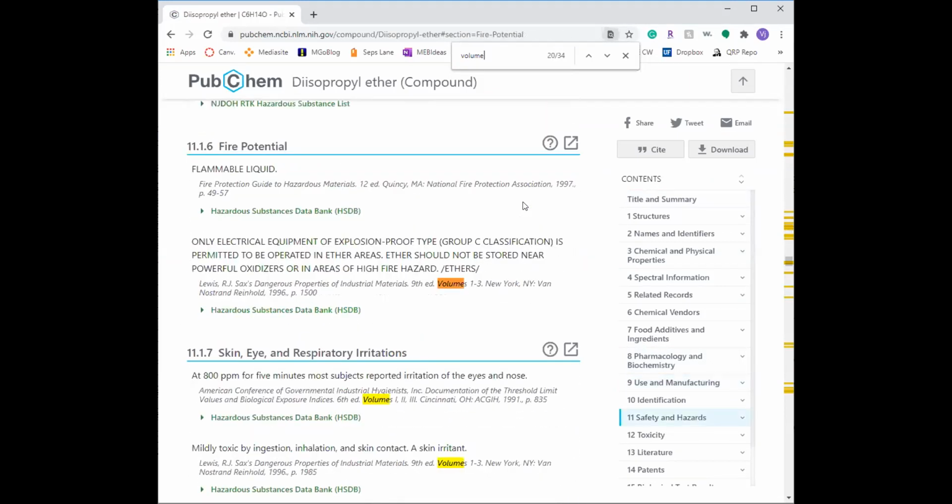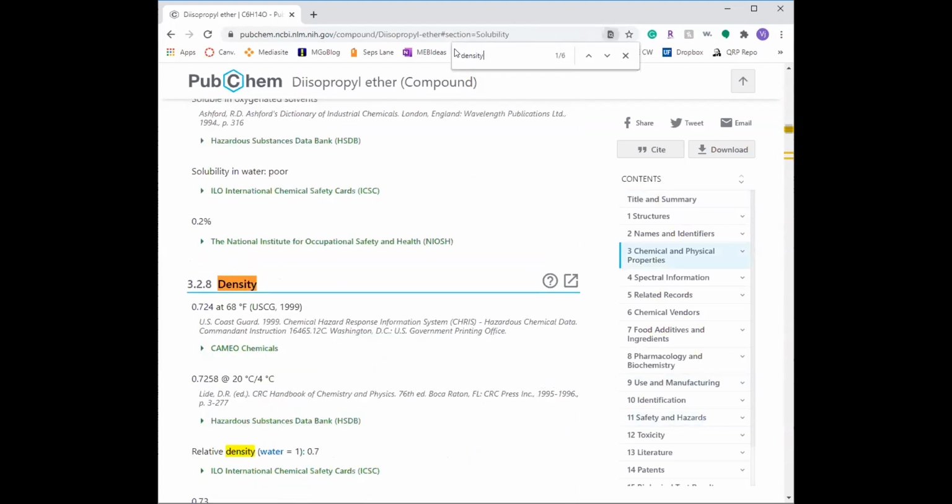Okay, that's all right. If I can't find the molar volume, maybe the density. Let's see if density will work. Okay, perfect. It's got density. Okay, I've got a couple of different values here. At 20 C, that is about 303 Kelvin. So this is, by the way, molar volume of the liquid.